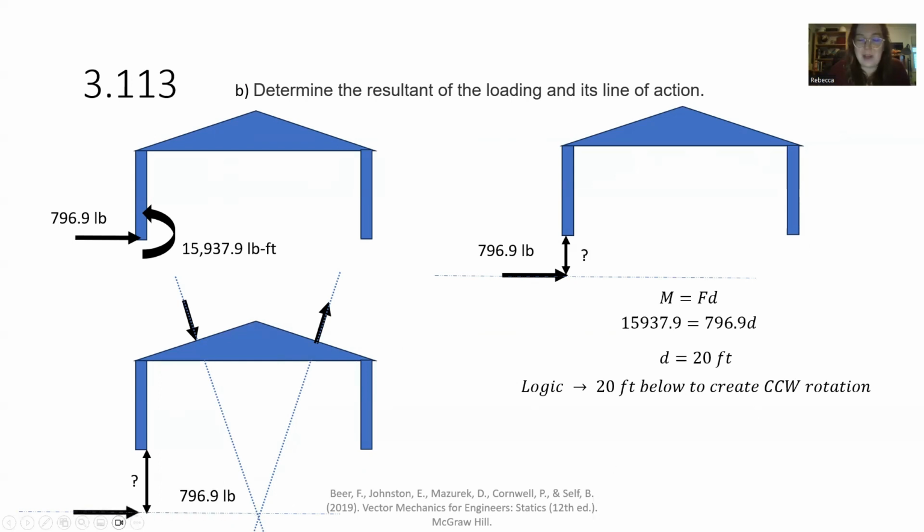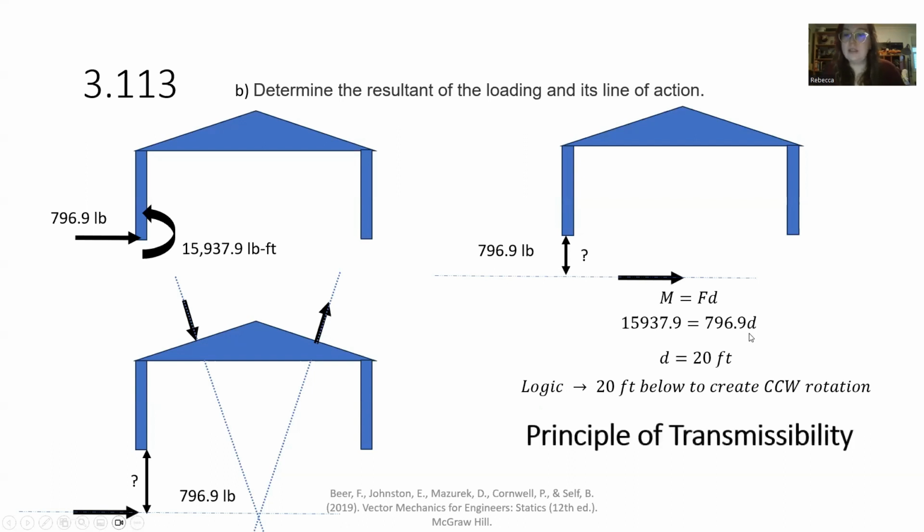We can slide this force back and have the same exact result, or we can slide this one forward and have the exact same free body diagram, right? Either way, it's going to be the same moment, same analysis. That's why it's the line of action of the loading, because it's not a specific point. It is a whole line of action that force would be applied to.